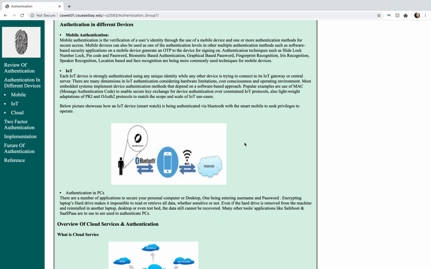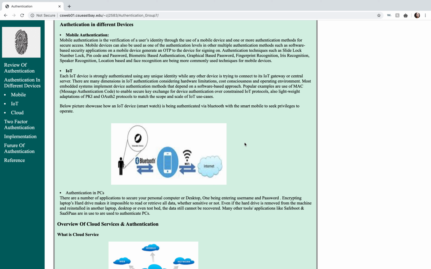For IoT-based authentication, there are many dimensions to be considered while building it. There is an embedded system where we have to authenticate each user when it is connecting, and the user identity is more important to be considered.